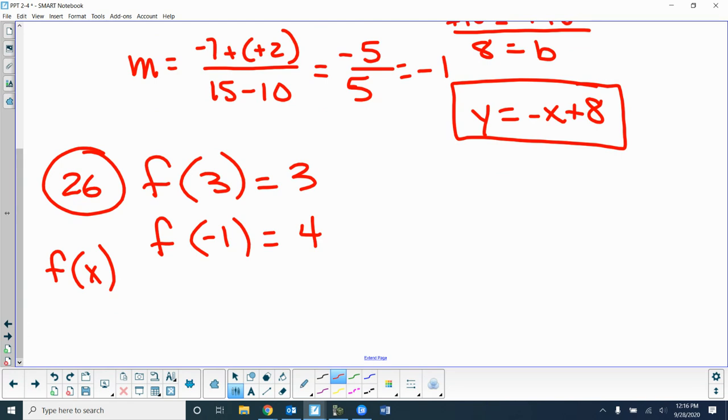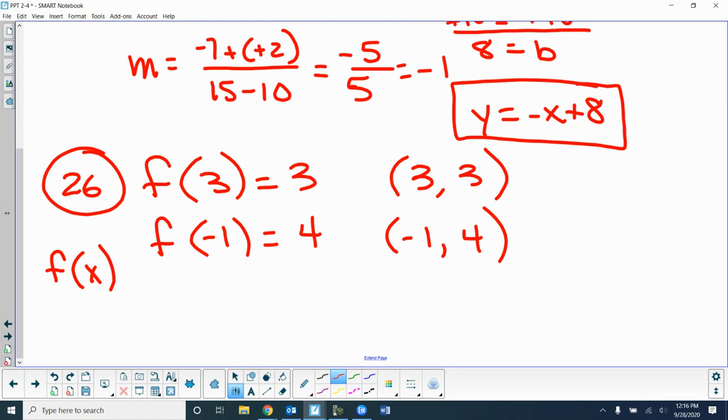So what they're saying is this is the point, x is 3 when y is 3. So that point is 3, 3 is what they're telling us. This point is -1, 4. So they're giving us 2 points. They're just giving it to us in function form instead of point form.